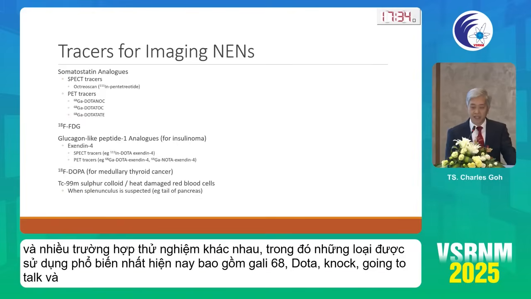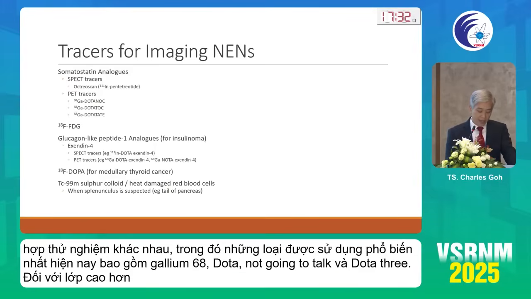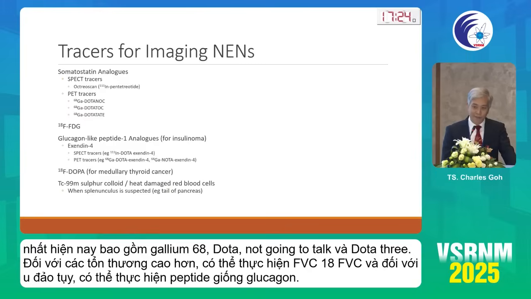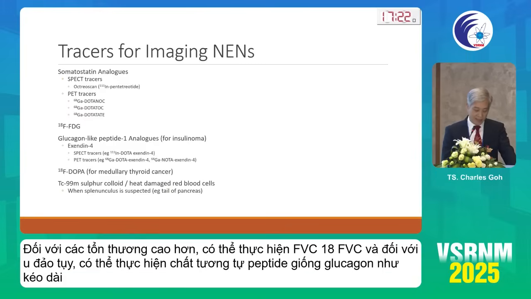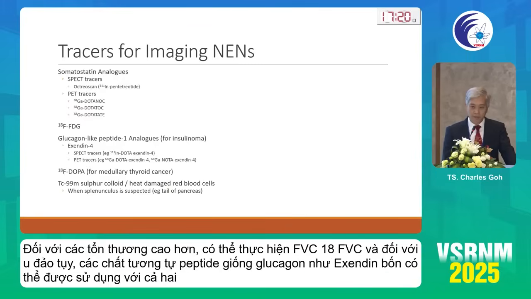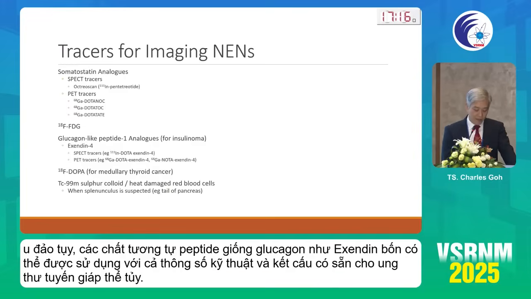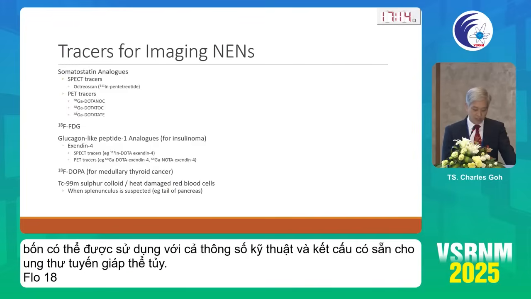For higher grade lesions, 18F FDG can be performed. And for insulinomas, glucagon-like peptide analogs such as exendin-4 can be used with both SPECT and PET tracers available. For medullary thyroid cancers, fluorine 18F DOPA can be used as well.